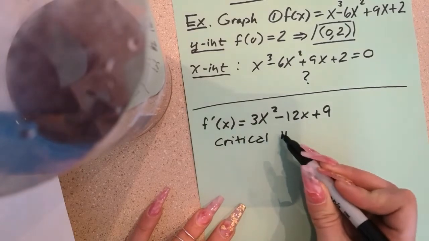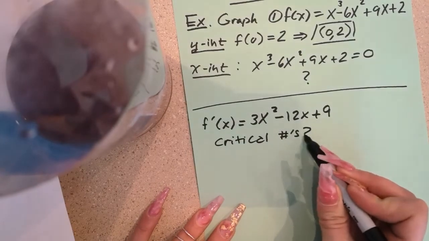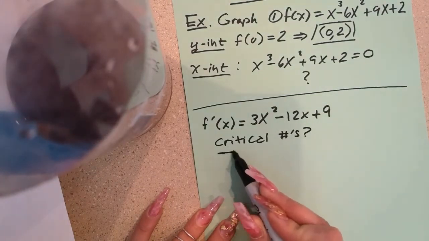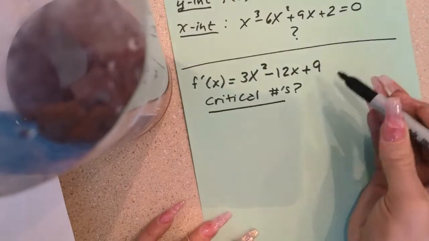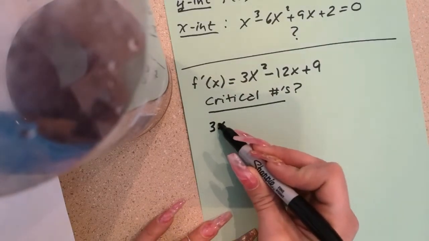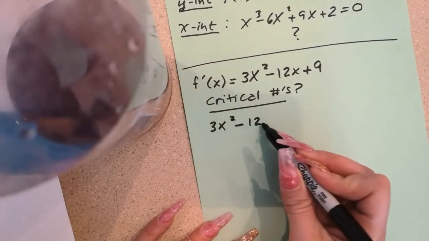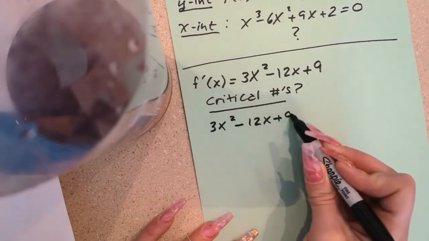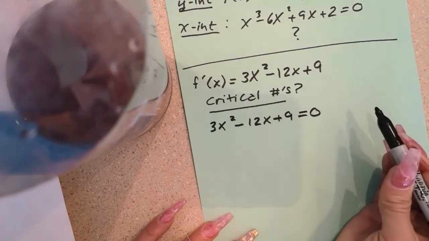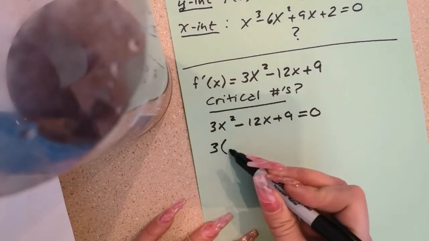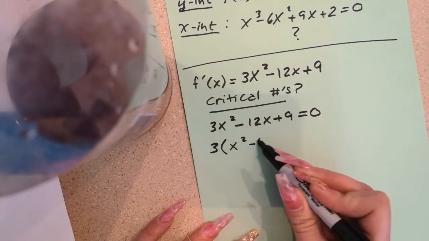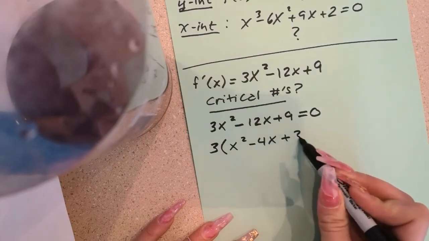In this case, f prime of x is defined for all x's, so really I'm just looking for where this quadratic is equal to 0. If I factor out the GCF of 3, I'd have x squared minus 4x plus 3.